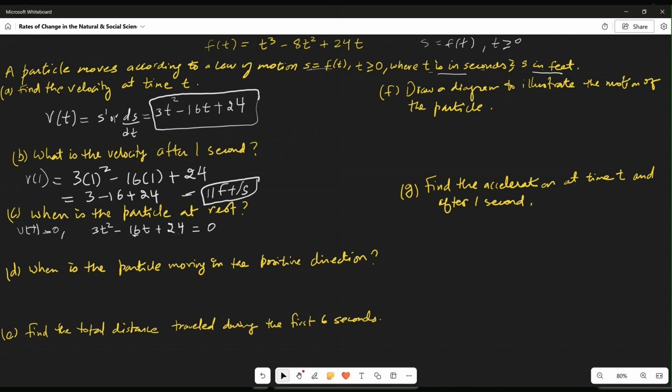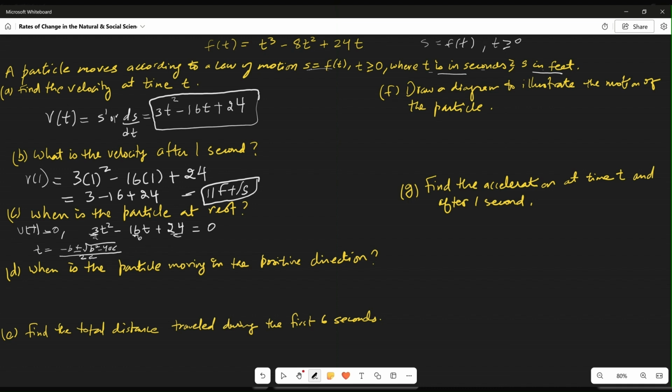In this case, t is equal to negative b plus or minus the square root of b squared minus 4ac, the whole thing divided by 2 times a, where a, b, c are the coefficients.